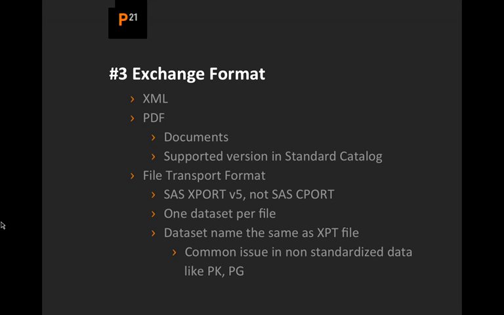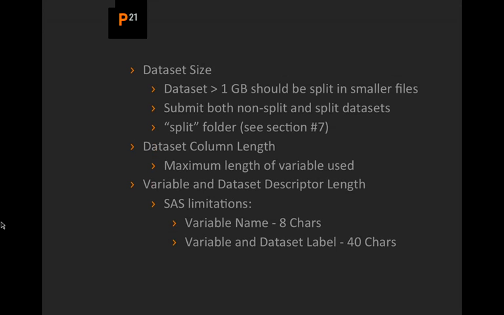For example, the AE domain should have AE.xpt. This is a quite common issue in non-standardized data like pharmacokinetics or pharmacogenomics, which is usually outside of the standard CDISC data flow. Please ensure that your PK teams and PG teams are aware of this.